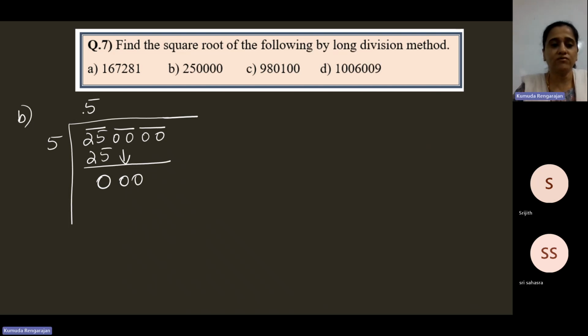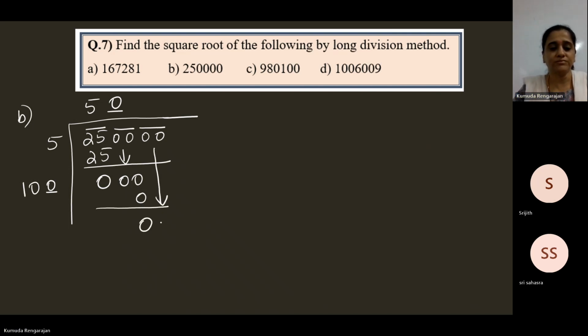Double the quotient. 5 into 2, 10. Whatever digit you place here, you must place the same thing here. Since it's 0, you have to take a 0 here. So 100 into 0 is 0. What's the remainder? 0. The next pair comes down.